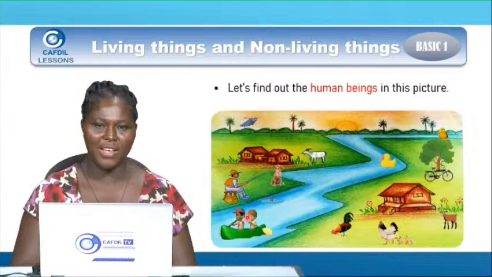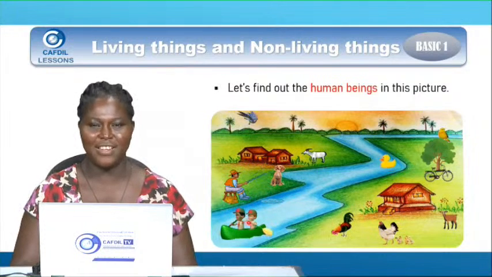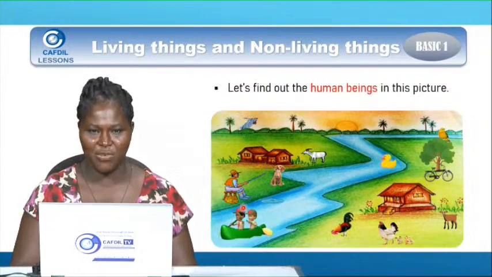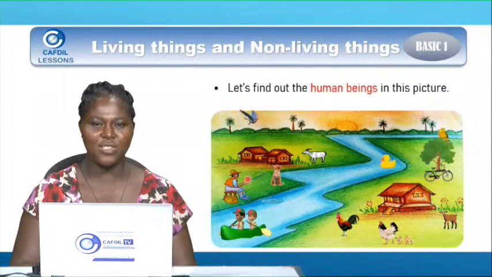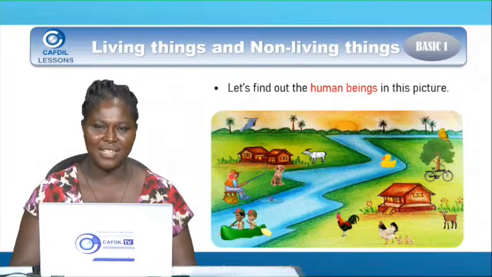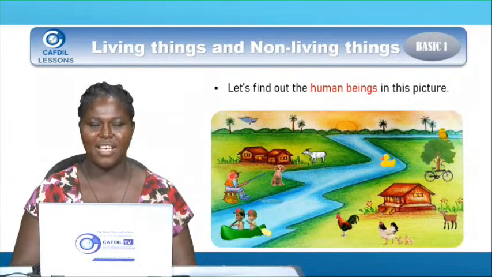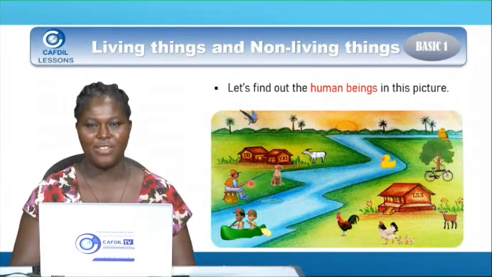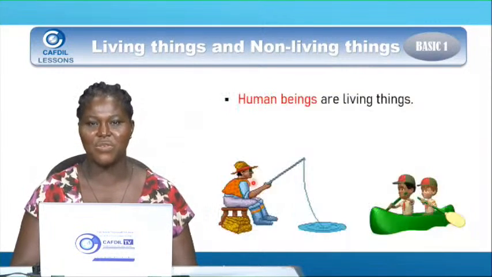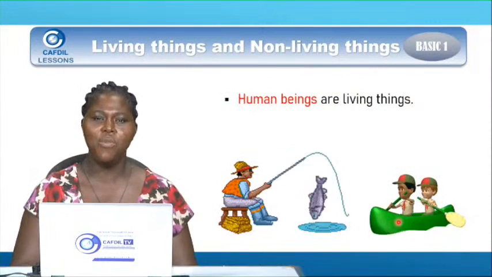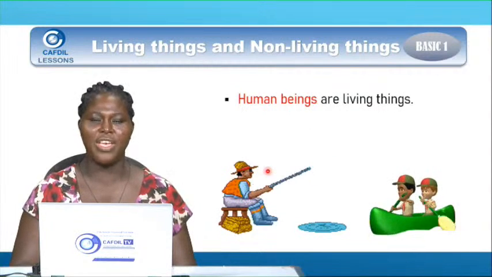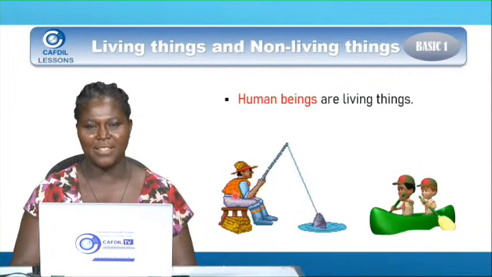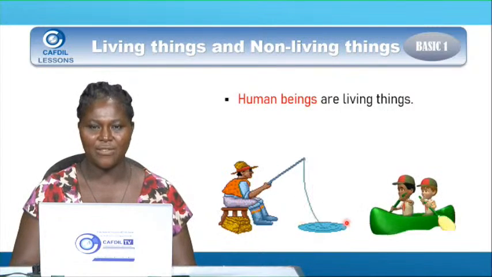Yes. So we can see two boys in the canoe, the green canoe. They are living things. Let's look at the man sitting down. He is a human being. So we saw in our picture the man sitting down, catching fish.